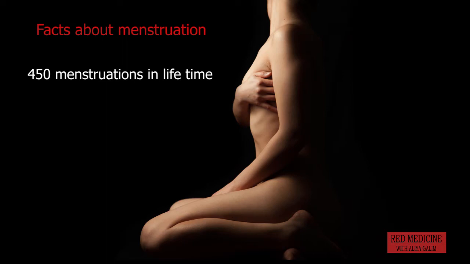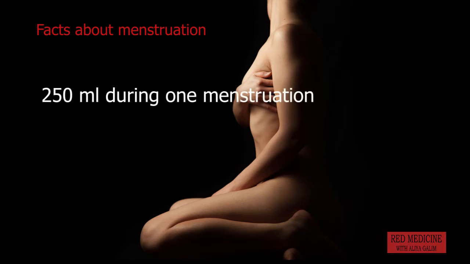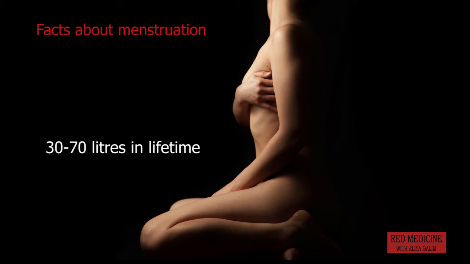In agricultural times, women had around 150. So there is a big difference, right? Another fact is that during one menstruation, we lose around 250 milliliters of blood. And in a lifetime, a woman would shed from 30 to 70 liters within her whole lifetime.